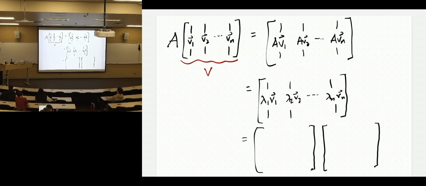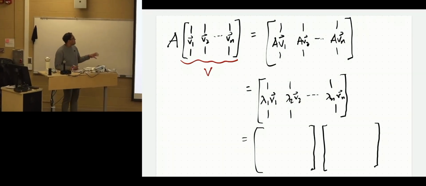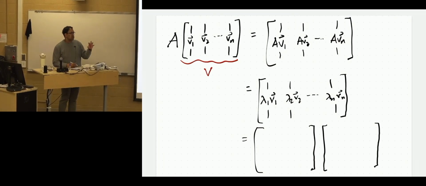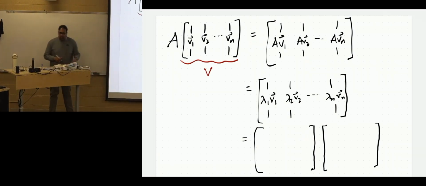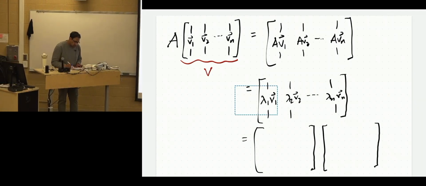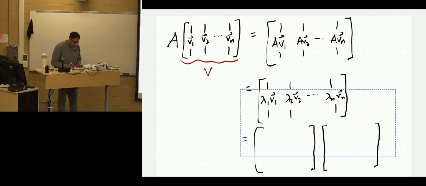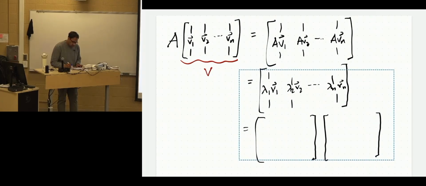I'm not saying write it as A times V again, because I started with A times V. I want to show that A times V is equal to something else times something else, and then I can rearrange that equation for A. Remember, my goal was to solve for A. So think about how I might break down this new matrix, whose columns are lambda 1 V1, lambda 2 V2, all the way through lambda n Vn, into two other matrices.